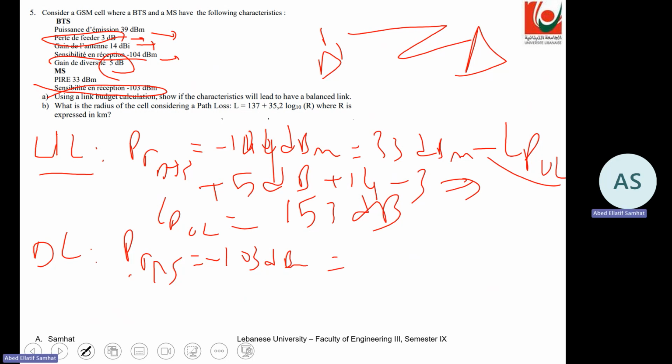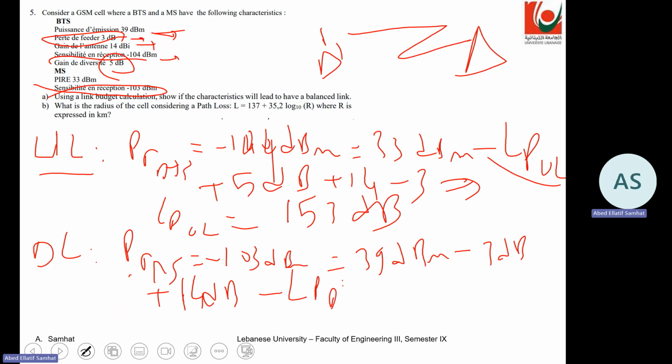The transmitted power at the base station is 39 dBm, minus the loss in the feeder, which is minus 3 dB, and the gain of the antenna, which is 14 dB. We don't have a gain at the mobile antenna, since it is not mentioned, so we have only the path loss in the downlink, which is LP downlink.